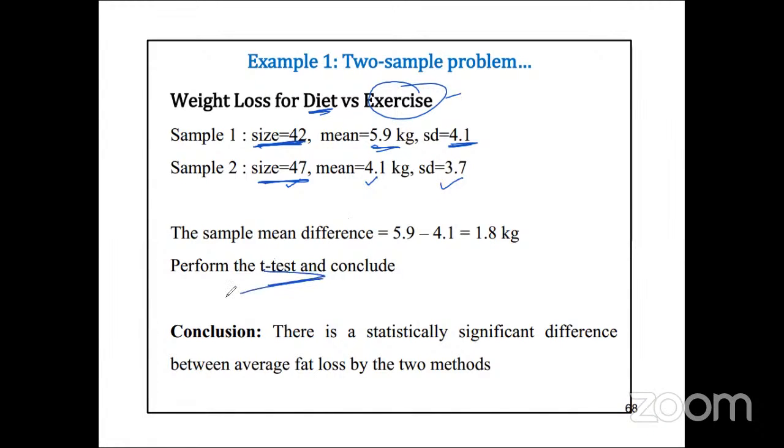The t-test is done using software. The conclusion is that there is a statistically significant difference between the average fat loss by the two methods. So obviously the weight loss programs are not equally effective, but one might be better than the other. That is the conclusion.